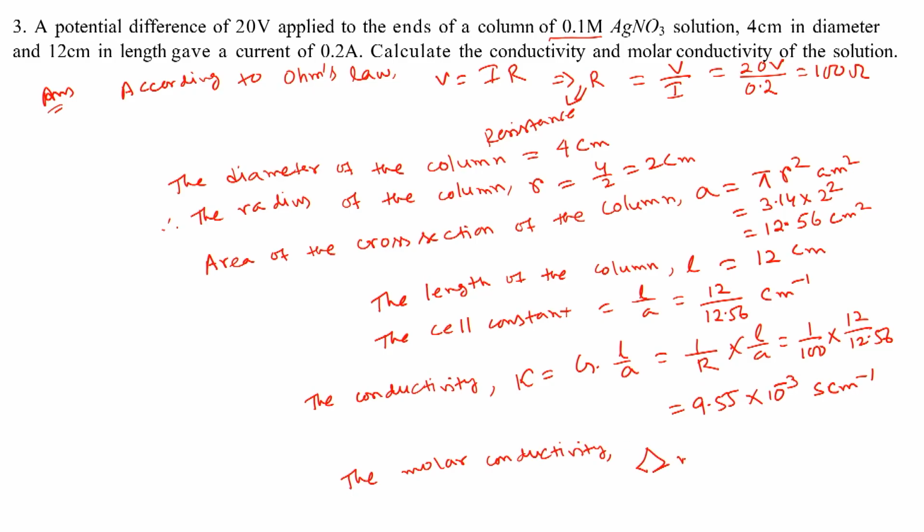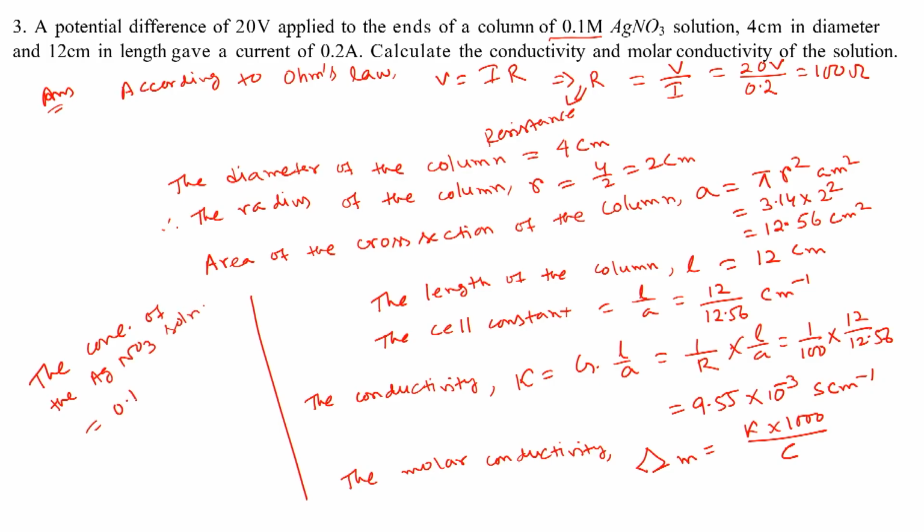The molar conductivity lambda m is kappa times 1000 by C. Now the concentration of the AgNO3 solution, C, is given, 0.1 M. So we substitute everything. We get 9.55 times 10 to the minus 3 times 1000 by 0.1.